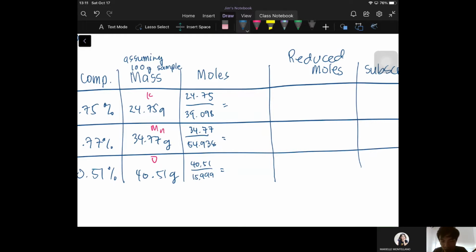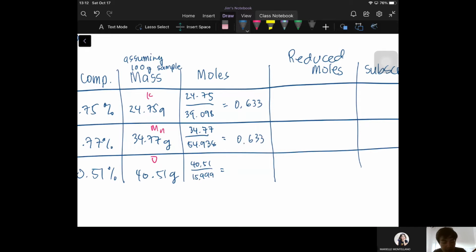Okay, so for moles of potassium, that's 0.633. For manganese, that's 0.633.